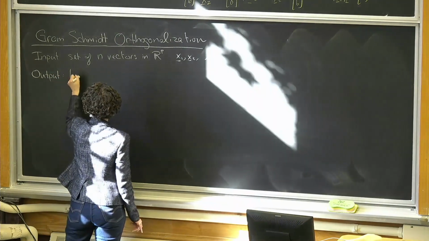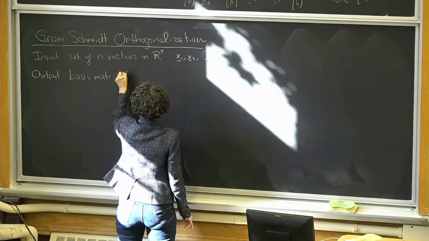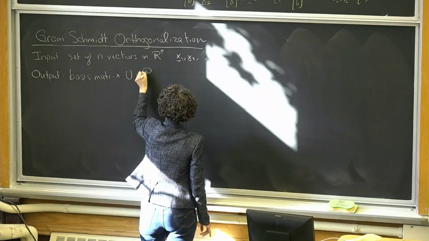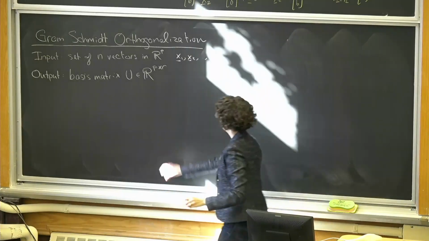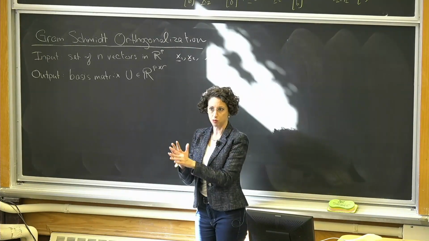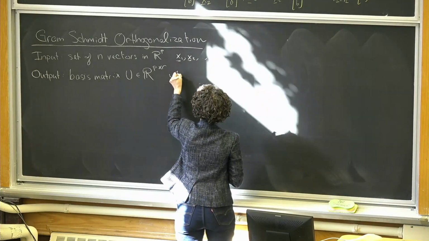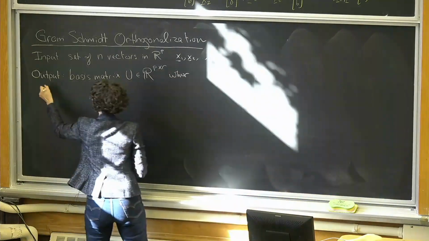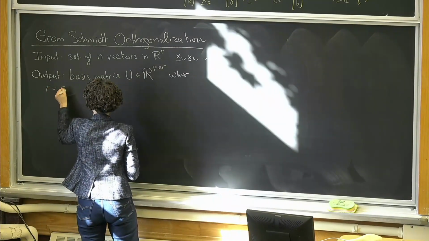is going to be a basis matrix U, and this matrix is going to be P by R. So it's going to have R columns corresponding to the R basis vectors, where R is equal to the subspace dimension.